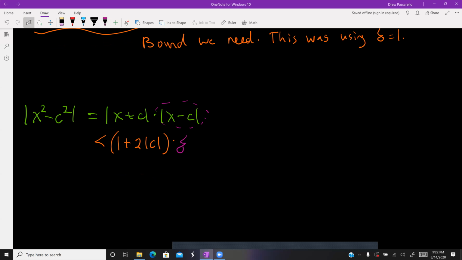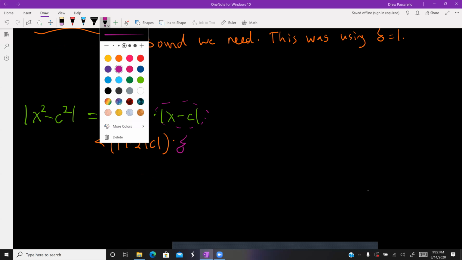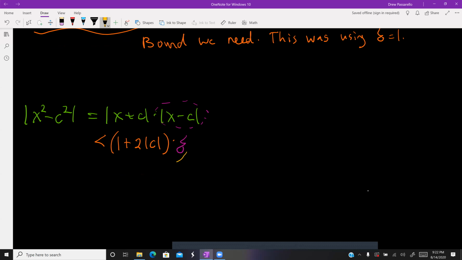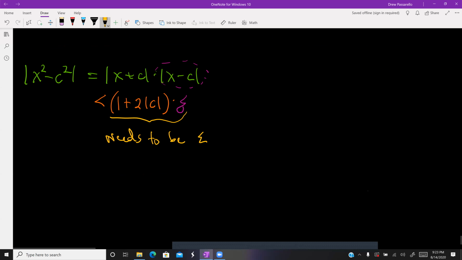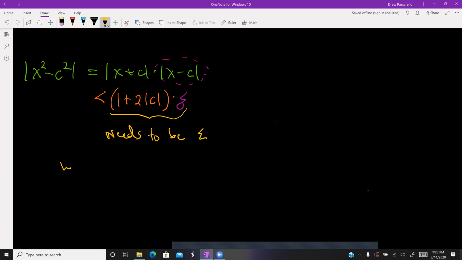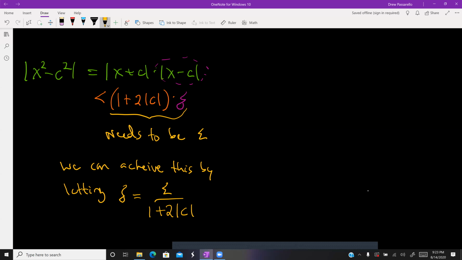And we need the whole thing to be less than epsilon. Well, we can achieve this by letting delta equal epsilon over 1 plus 2 times the absolute value of c.